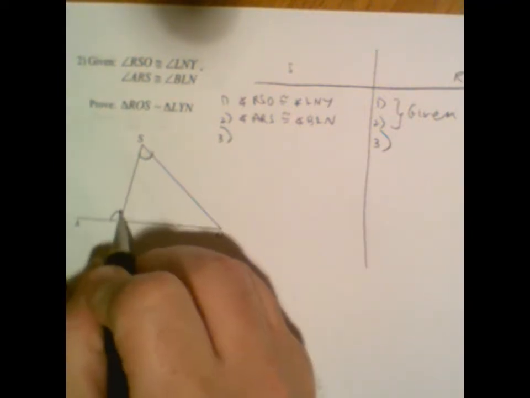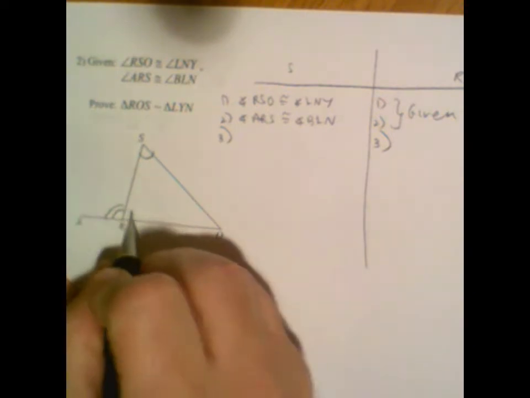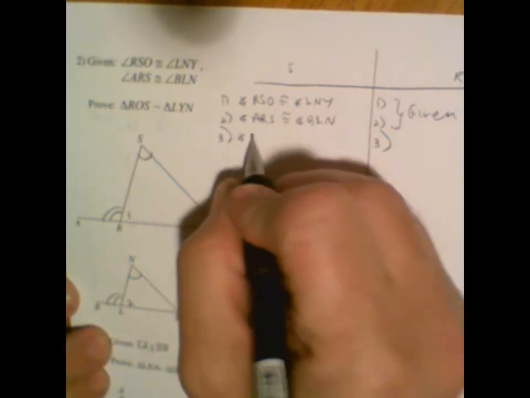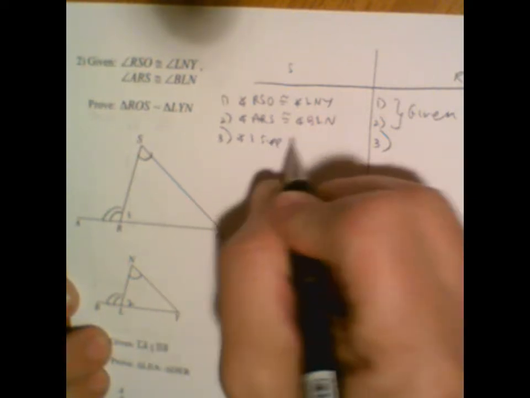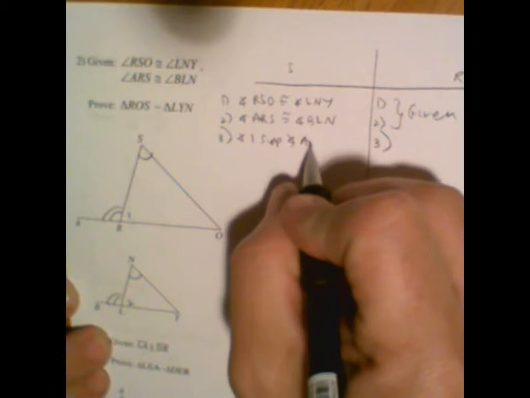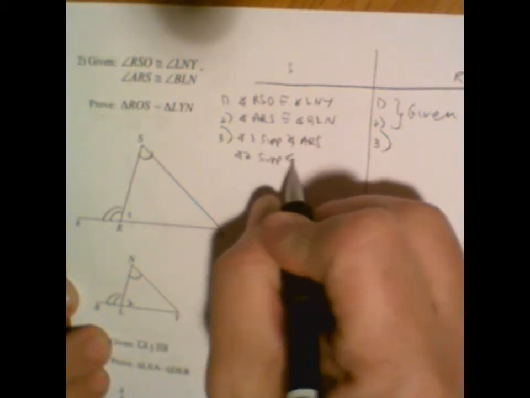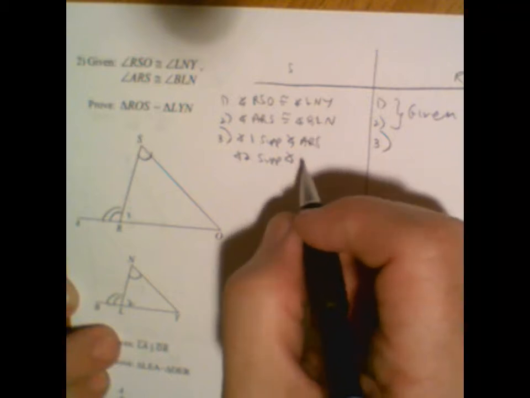RSO to LNY and ARS to BLN. I'm going to put a little 1 and 2 here. Angle 1 is supplementary to angle ARS, and angle 2 is supplementary to angle BLN. How come?